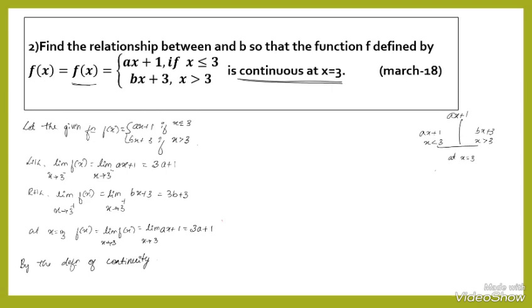Continuity, that is limit x tends to 3 plus f of x, right hand limit, limit x tends to 3 minus f of x, left hand limit, and the main function limit x tends to 3 f of x, all coincident at x is equals to 3.